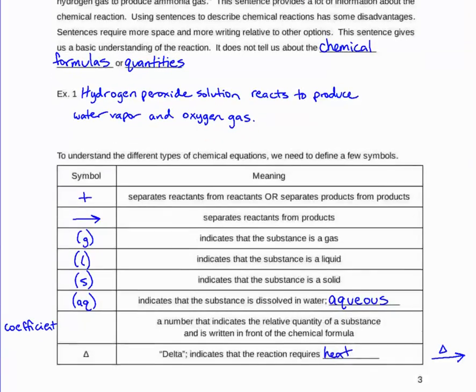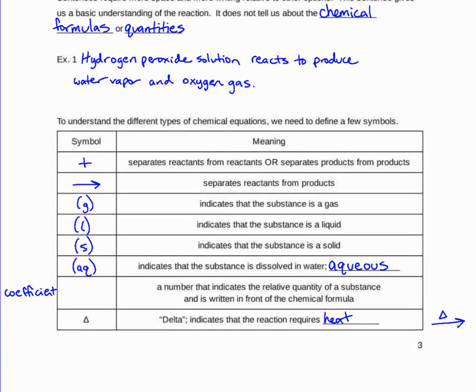So, bottom half. To understand the different types of chemical equations, we need to define a few symbols. I already have them written in here just to keep things moving a little quicker. Feel free to pause it and write them down. So the first one we have is a plus sign.